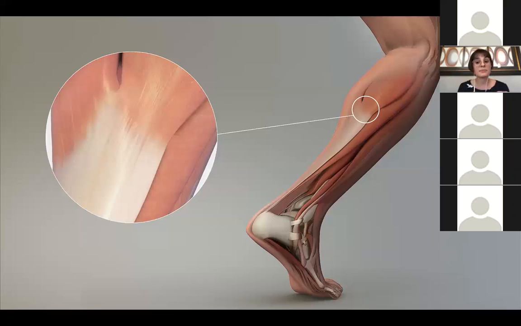So yes, there's definitely a difference between all the tendons in the human body, but they all consist of these collagen fibers and they have the same function. Does that answer your question? We still have some time left, so if you want to clarify.